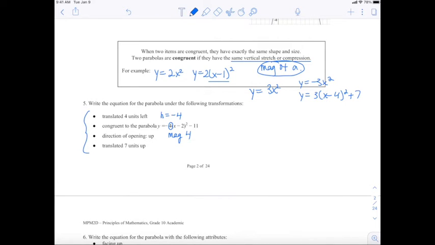So if I know the direction of opening is up, well, now I've solved it. I know that a has to be positive 4 because it has to be congruent to the parabola negative 4(x minus 2) squared minus 11, but it's facing up. I also know it's translated 7 units up, so k is 7. So here we go. I get y equals 4(x plus 4) squared plus 7.